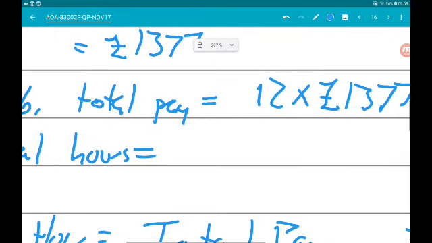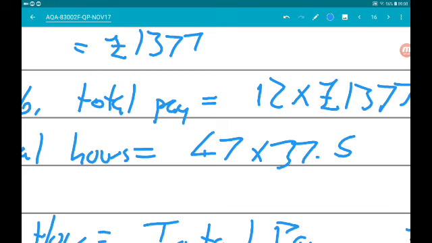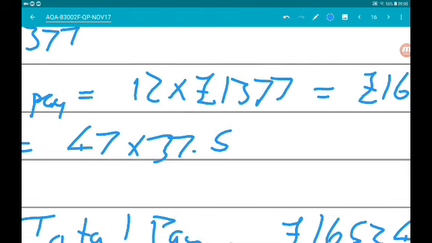So 47 times 37.5. Now that gives us, well, that gives us 1762.5.